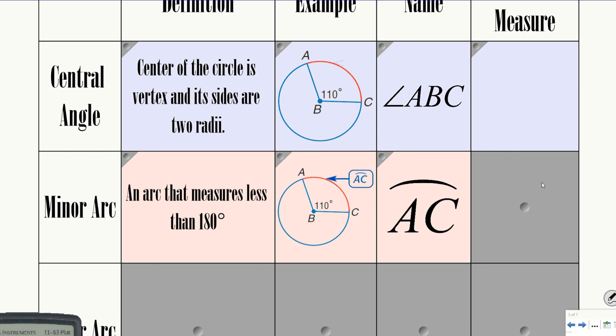When we talk about the measure of an arc, we're talking about the degree measure, knowing that if a full circle is 360 degrees, that's something that we all know at this point. So AC, the minor arc, is the measure of the central angle. So this central angle is 110 degrees. So this minor arc, AC, is also 110 degrees.